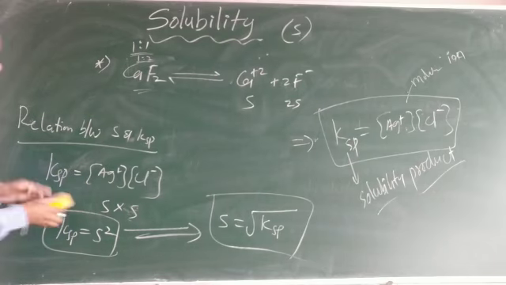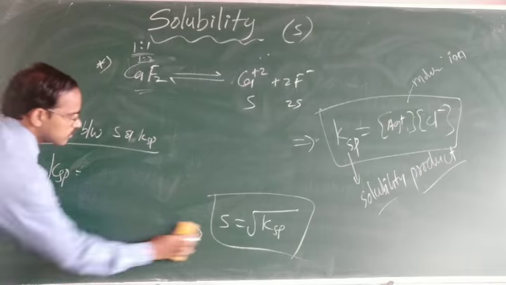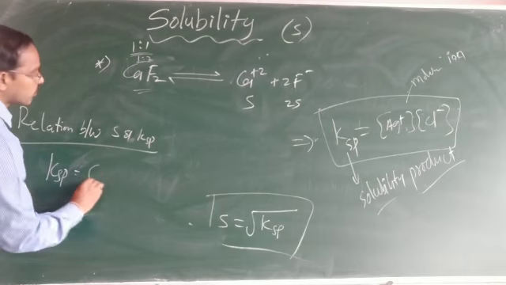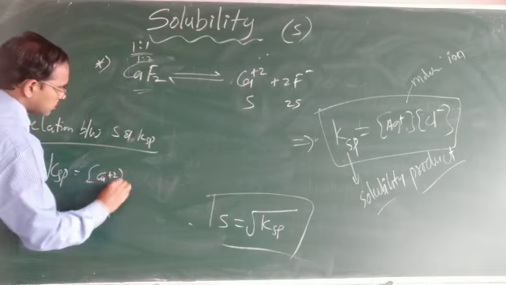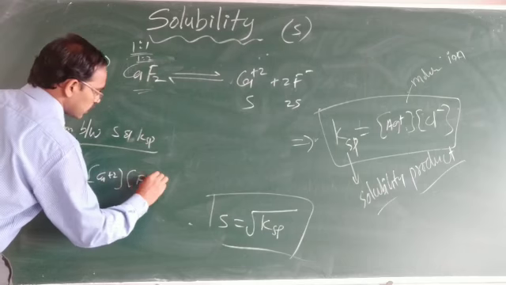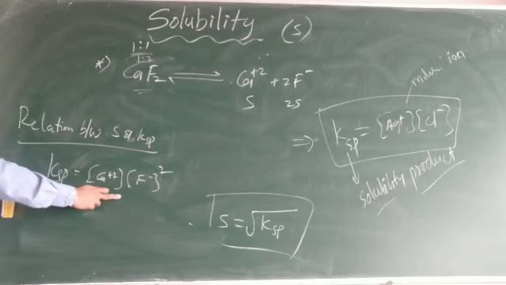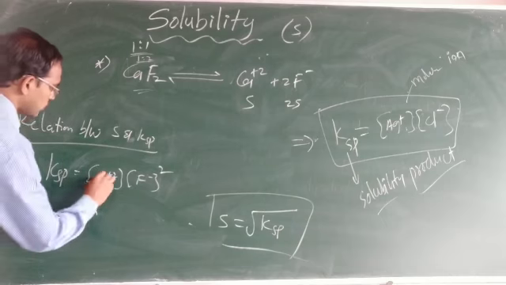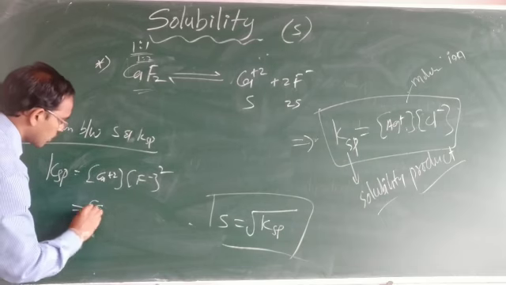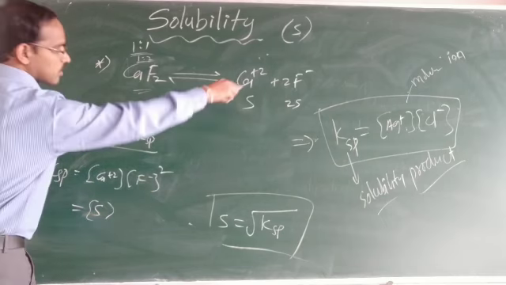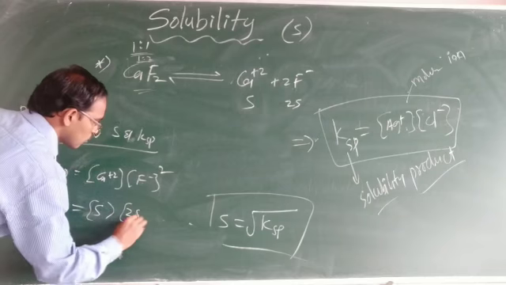Then Ksp equals calcium plus 2 concentration into fluoride concentration squared. Everyone knows the square. Now what is the calcium? S. The F concentration is 2S, whole squared.